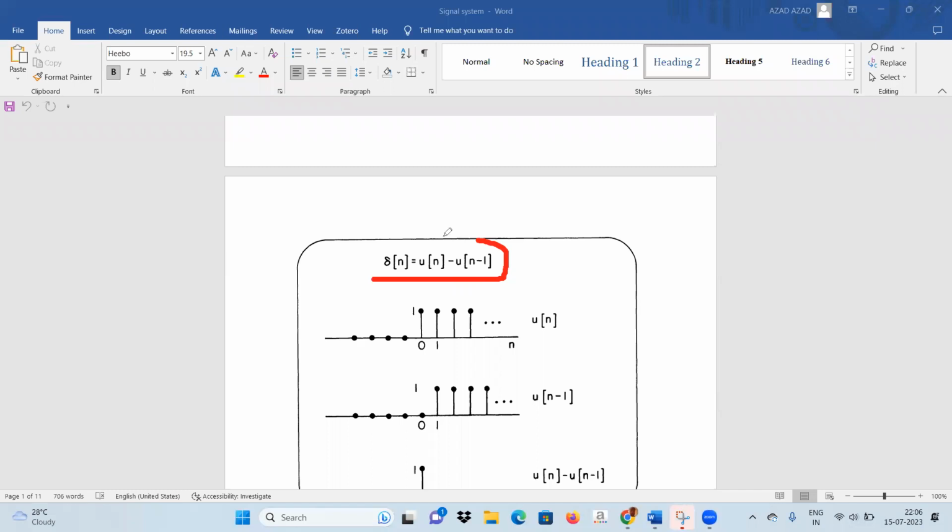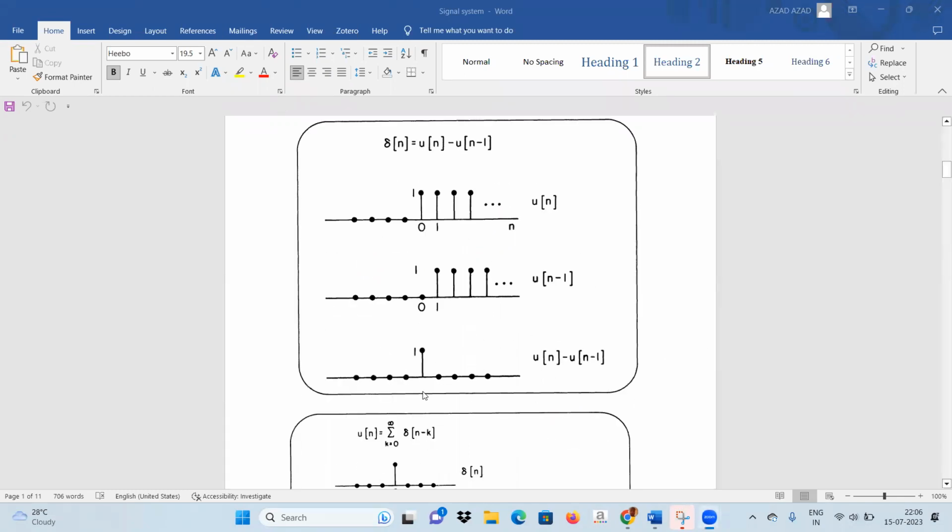Here, this function is u(n), and this one is u(n minus 1), shifted by one integer.